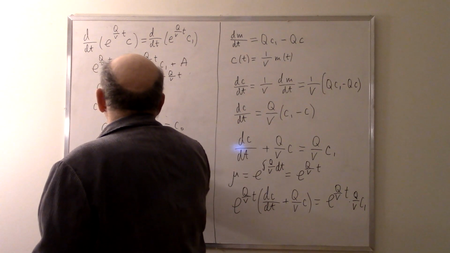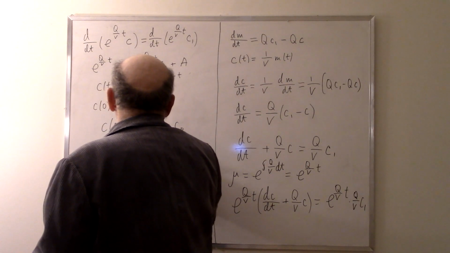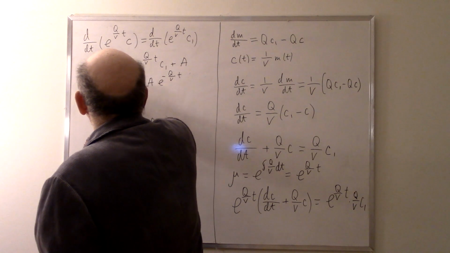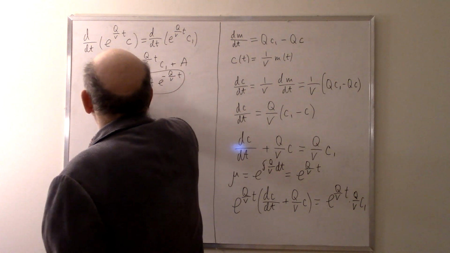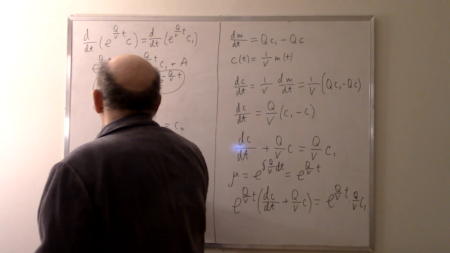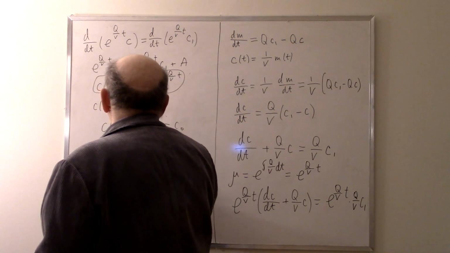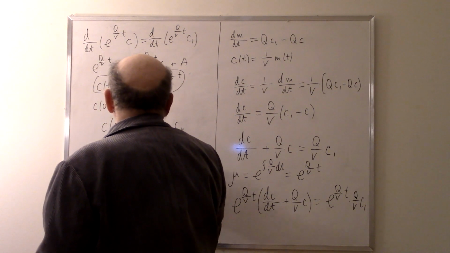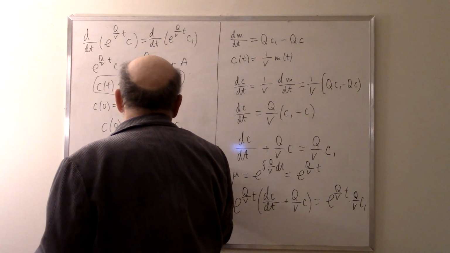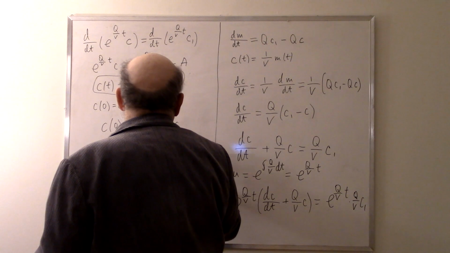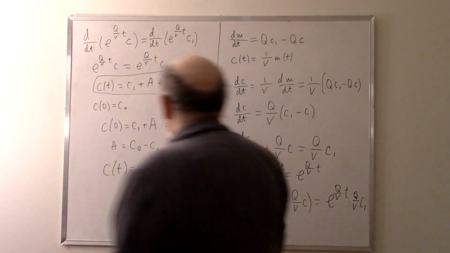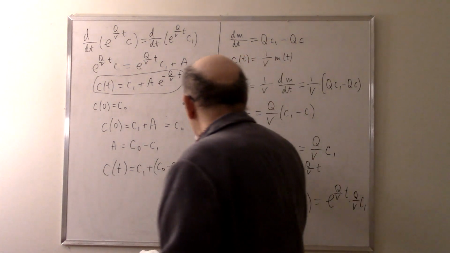A equals C0 minus C1. And after that, substitute here: C of t equals C1 plus (C0 minus C1) e to the power minus Q over V t. So this is the answer.